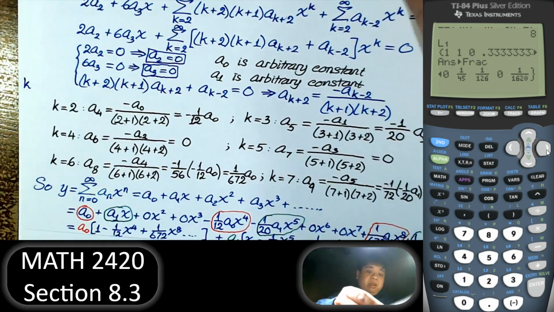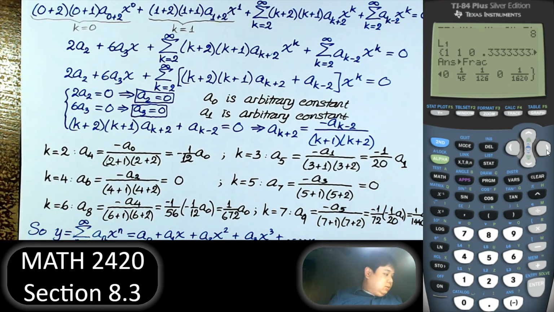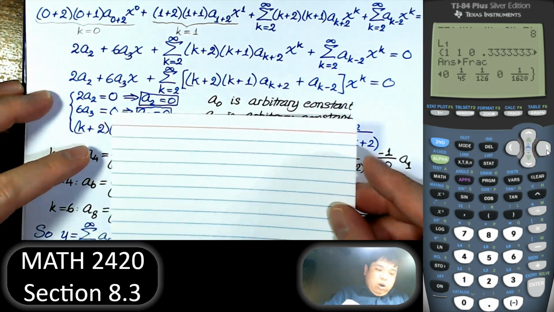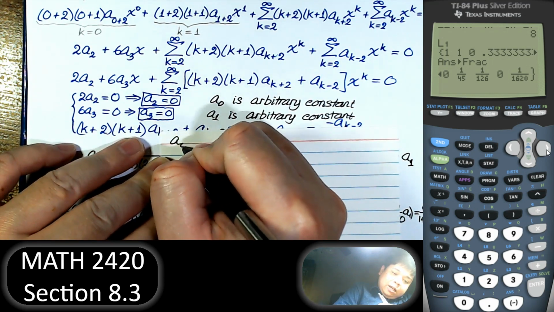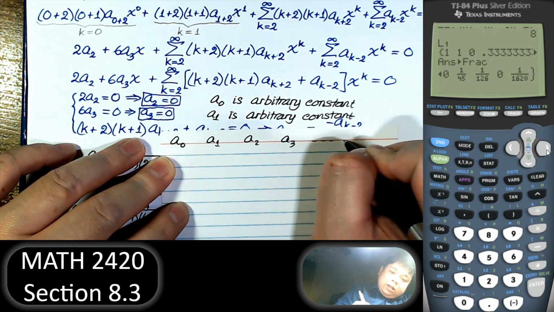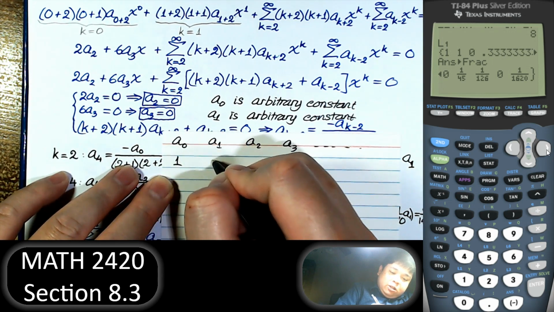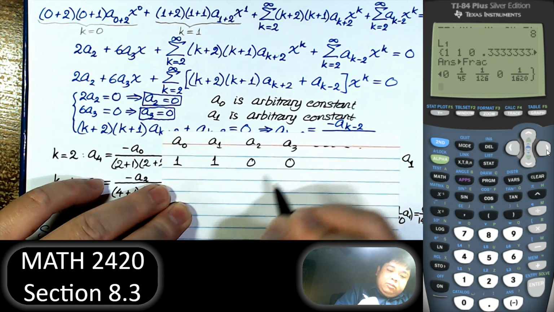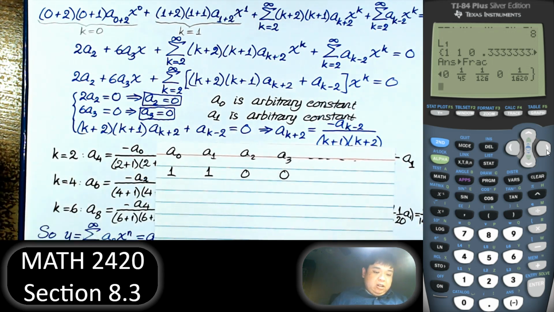Right, go to the previous example. Let's see if we can check this again. On this one we have a0, a1 is a constant. So let's say a0, a1, a2, a3, and so on. a0 is a constant, which is equal to 1, a2 is 0, a3 is 0, and after that there's the relation.